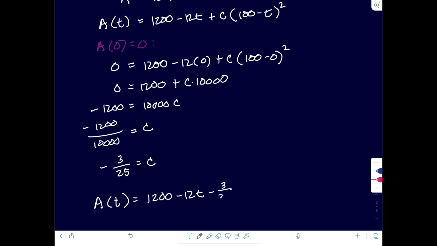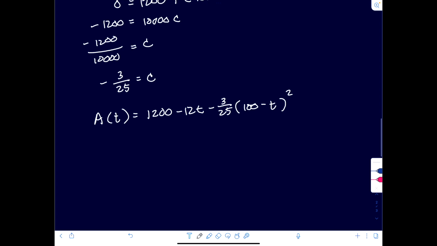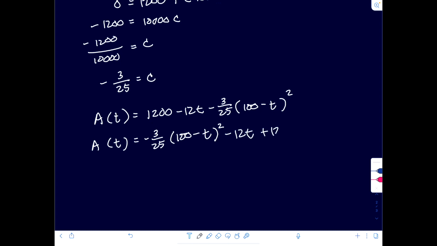And if you write it in descending powers, it probably looks prettier to write it as A at t equals negative 3/25 times quantity 100 minus t squared minus 12t plus 1200. Good? And that, let's see, I think we answered everything.